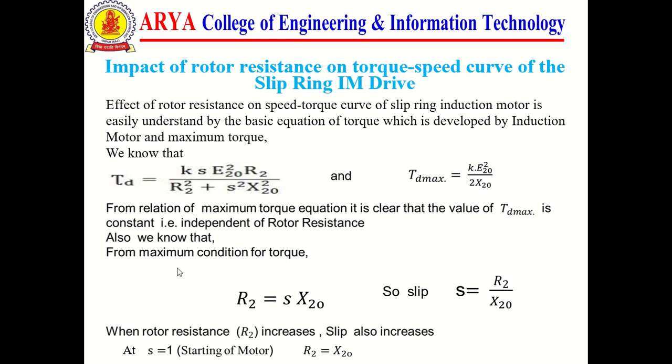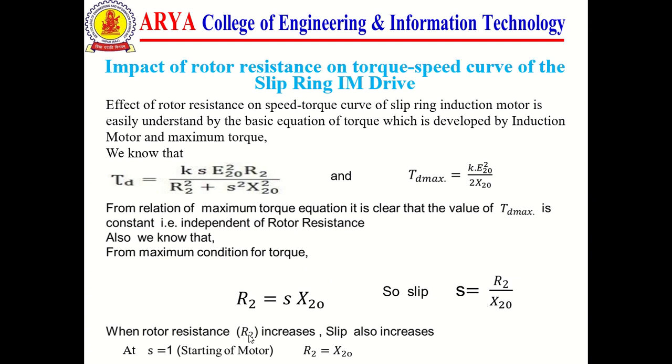Also, we know the condition for maximum torque: whenever rotor resistance R2 equals S X2, the torque developed by this induction motor is at its maximum value. From this relation, slip is equal to the ratio of rotor resistance to rotor reactance.